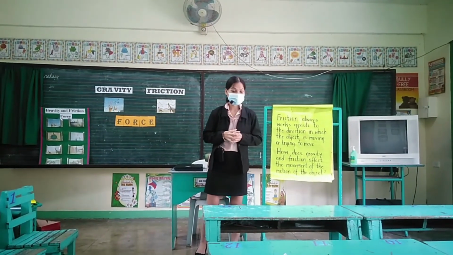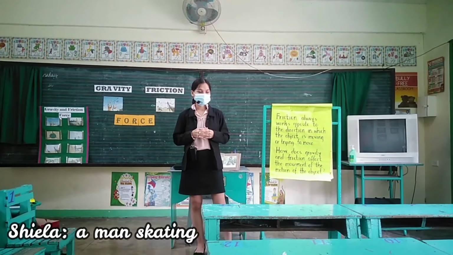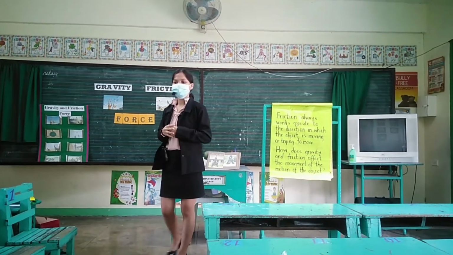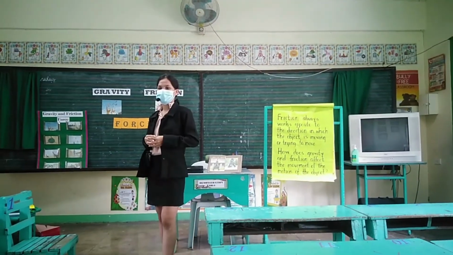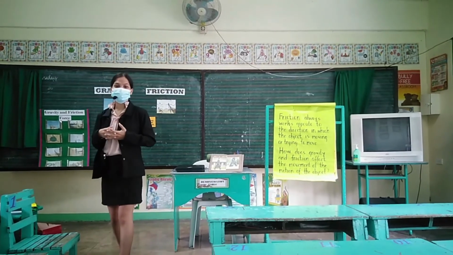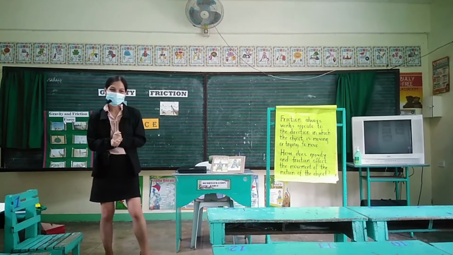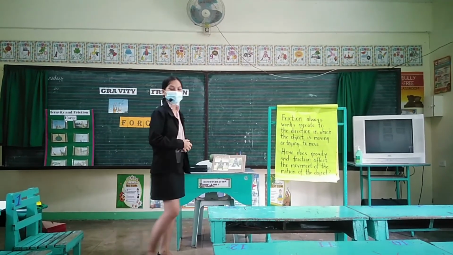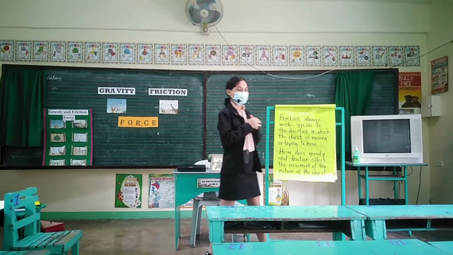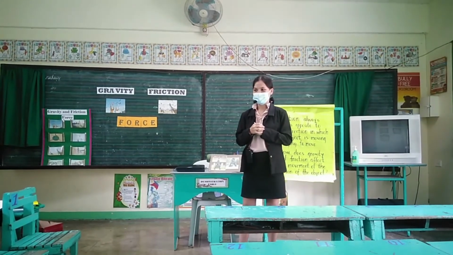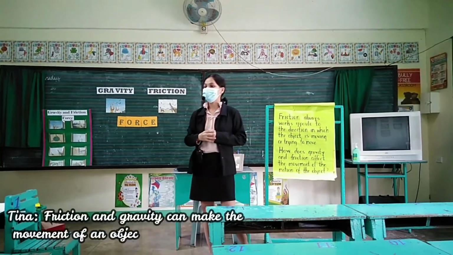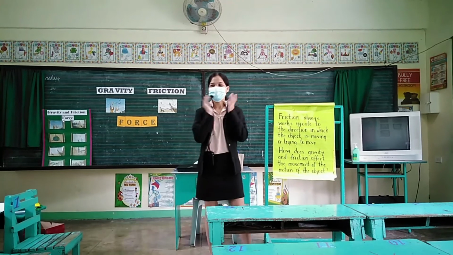Can you give me one example? Okay, you may now take your seat. Class, is skating the correct example of friction? Very good. And how do gravity and friction affect the movement of an object? Yes, Tina. Very good.